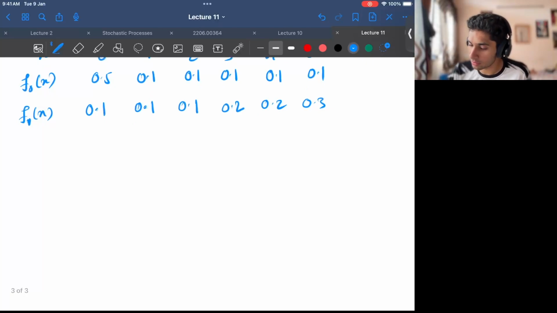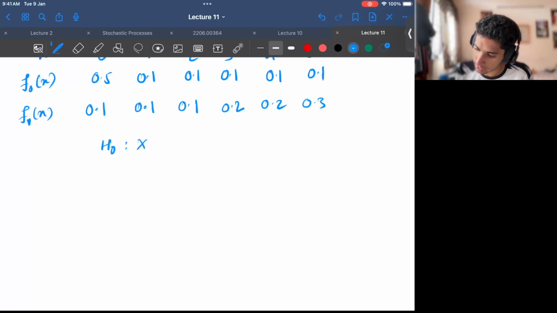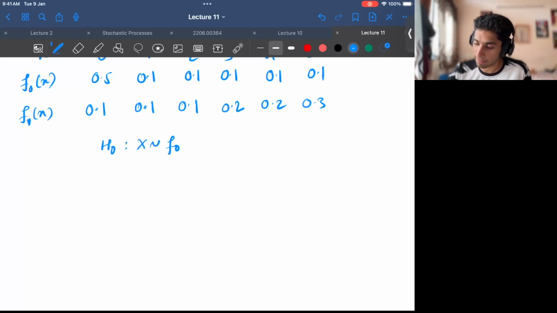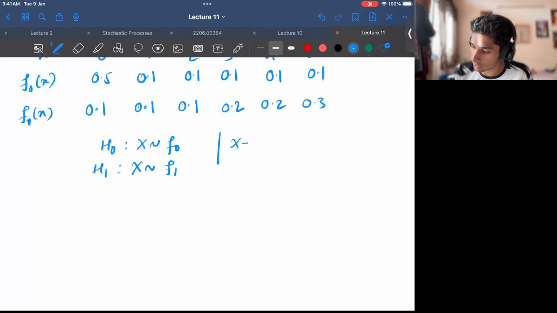Consider the problem of testing the null hypothesis. H naught is your null hypothesis that X comes from F naught, against H1, which says that X comes from F1, where X is a single observation.